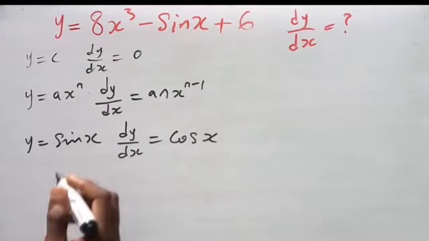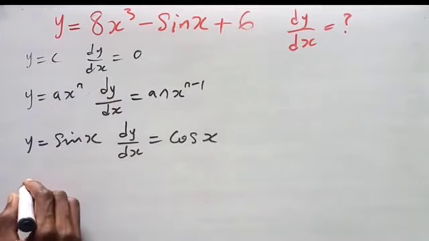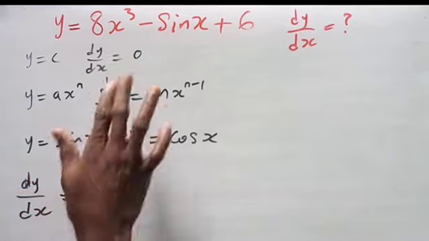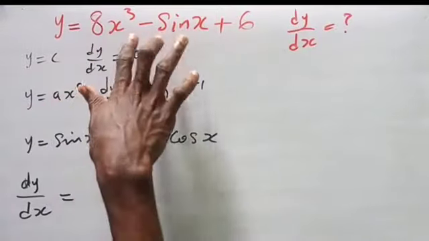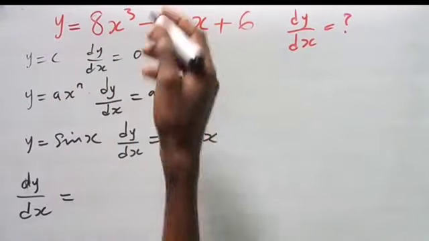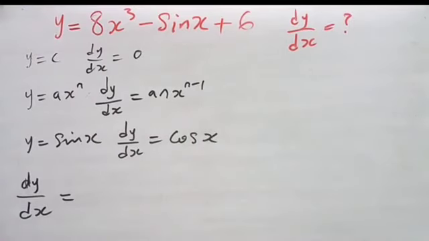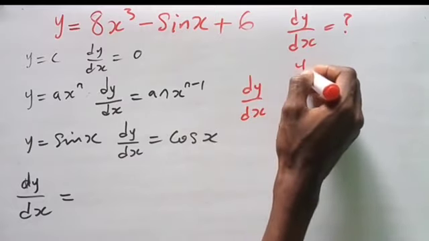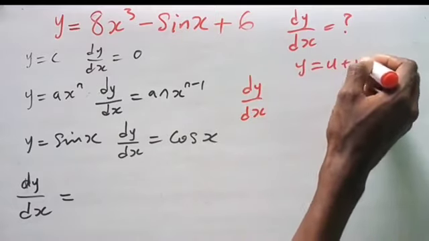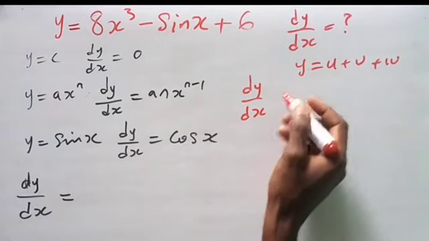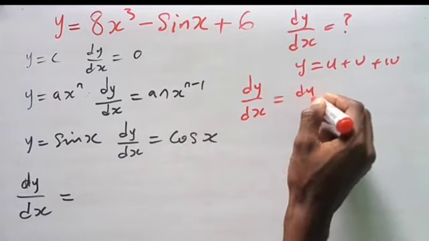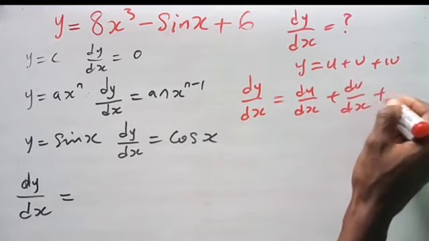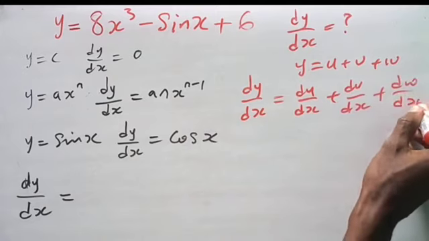Now this will become dy/dx equals, and remember that this is in the form of a derivative of a sum. The derivative of a sum is the same thing as: if you have y equal to u plus v plus w, then dy/dx equals du/dx plus dv/dx plus dw/dx.